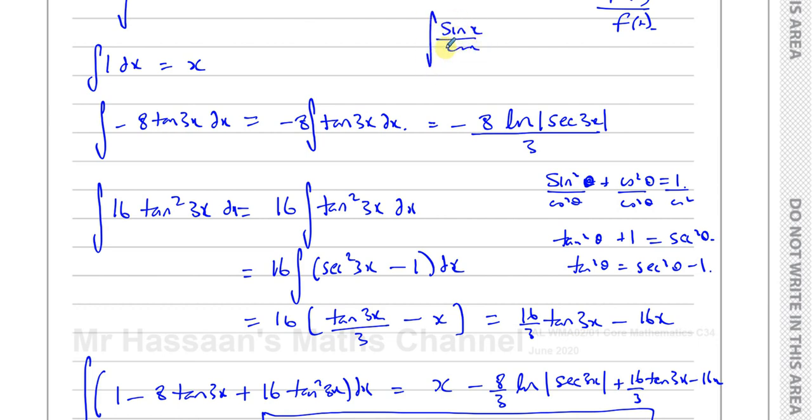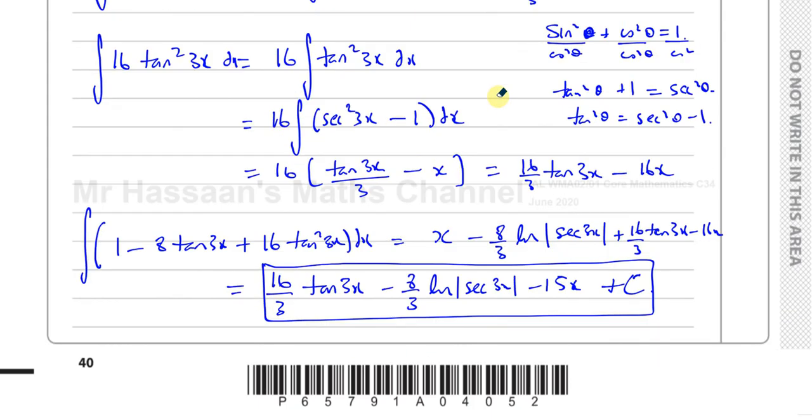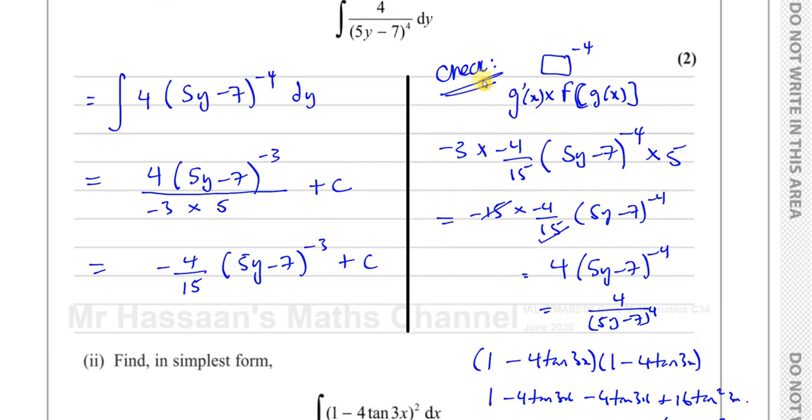When you integrate that, this is the form of the differential on top of what's underneath, so you can use ln here. So this becomes the ln of cosine x divided by the differential of what's inside. So that's how we dealt with that. And there we have our answer to part 1 and part 2 of this question.